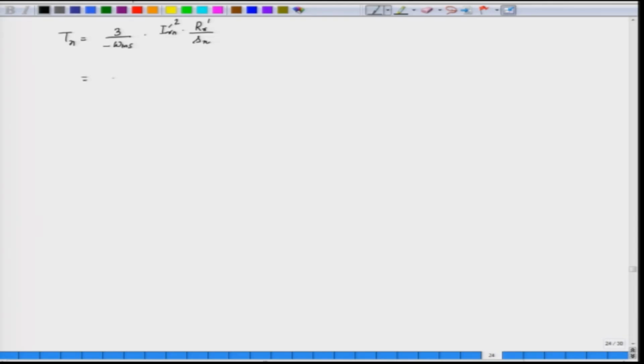So, that is minus 3 omega ms into V n square divided by (R s plus R r by 2 minus s) whole square plus (X s plus X r) square, into R r by 2 minus s. So, we observe that the torque for the negative sequence component is negative, because the field is rotating in the opposite direction.